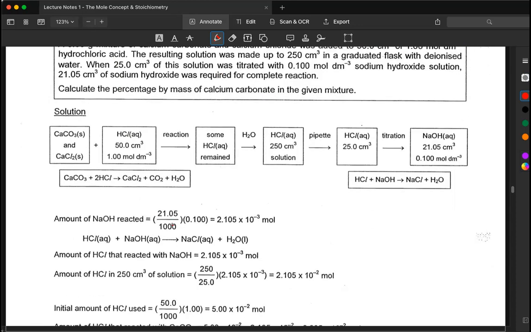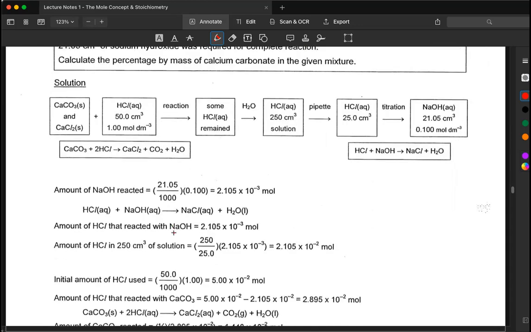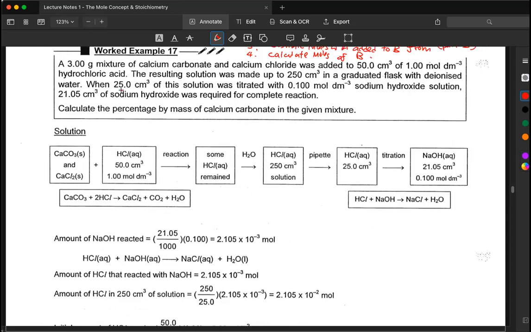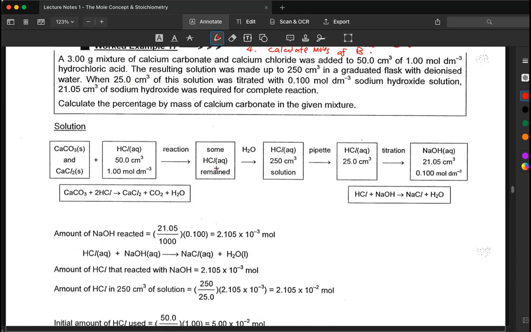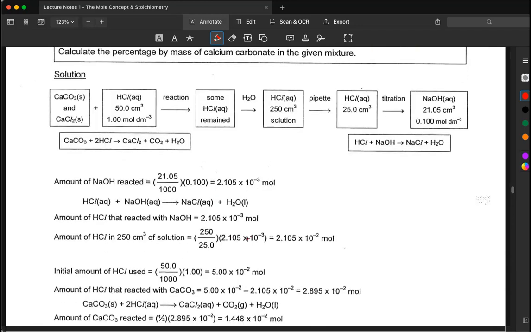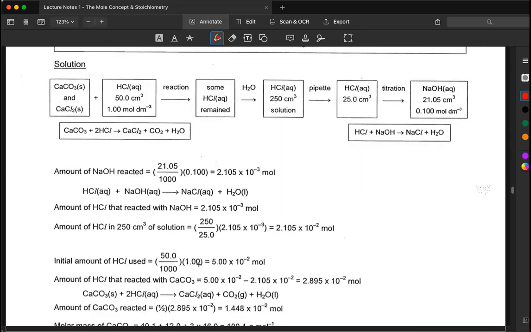You work out the mole of sodium hydroxide, you work out the acid that reacts with it, and then take note to be careful: this 25 cm³ of acid that reacted comes from 250 cm³, so they only take out a portion. You need to work out the actual mole of acid in the 250 cm³ where it comes from.